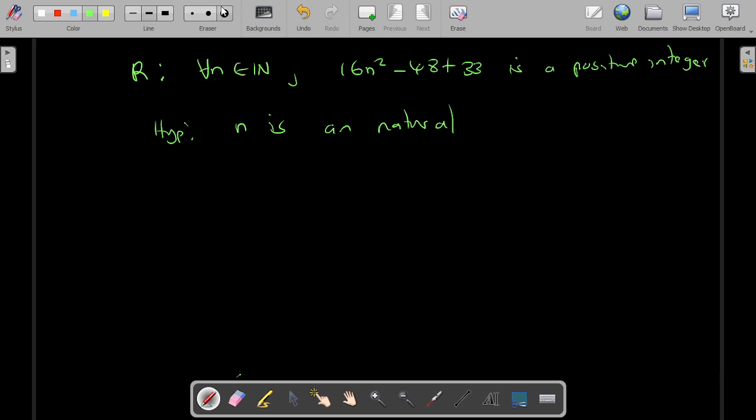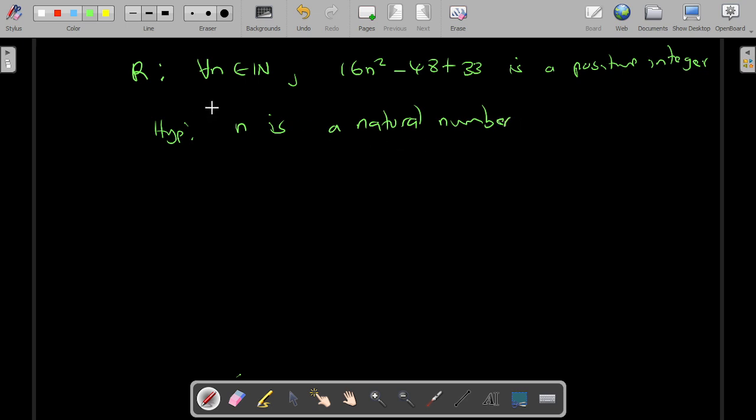Our goal will be to establish that for n, let n be a natural number, and let 16n squared minus 48 plus 33 be a positive integer. That is going to be our hypothesis: n is a natural number, so it is in the set of natural numbers.